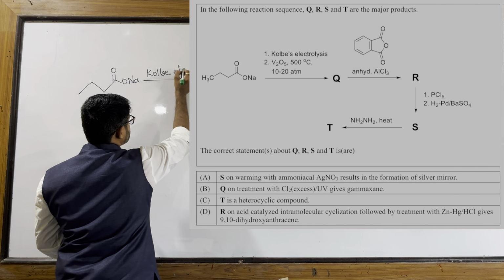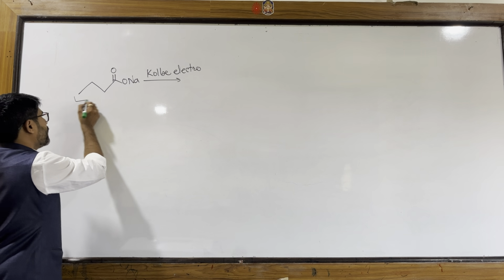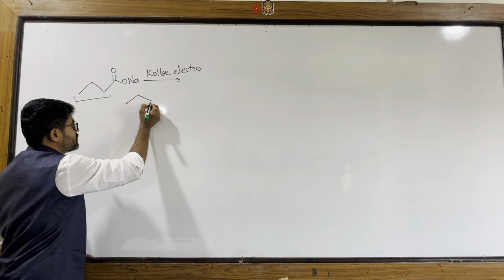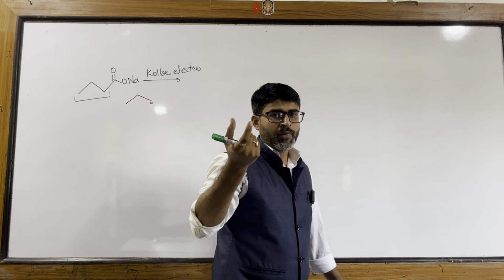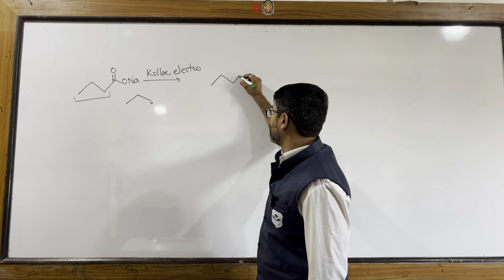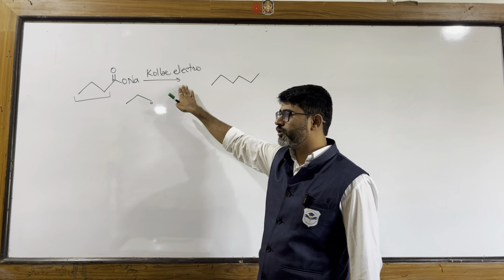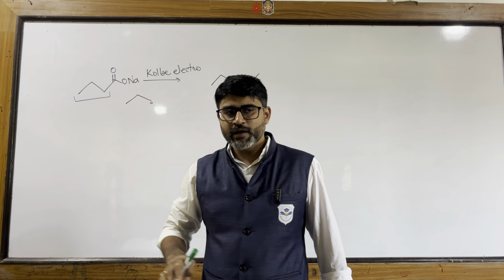After its Kolbe's electrolysis, we get a free radical dimerization reaction, and the radical in this case will be a propyl radical. By the dimerization of two propyl radicals we get one hexane molecule as the product of the first reaction, but we have to solve the second reaction as well.